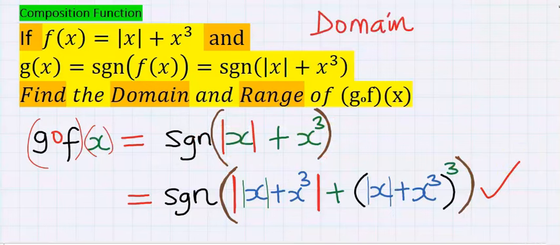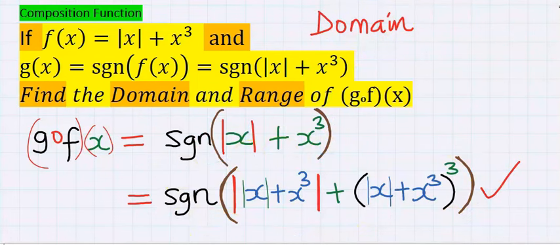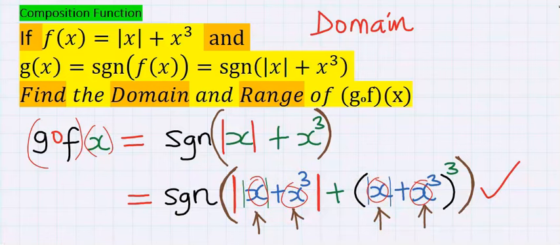Next, let's find the domain of this answer. The domain simply means what are the permissible values of x, that is, numbers that will be allowed to come in for x.